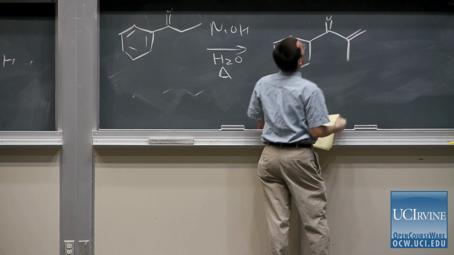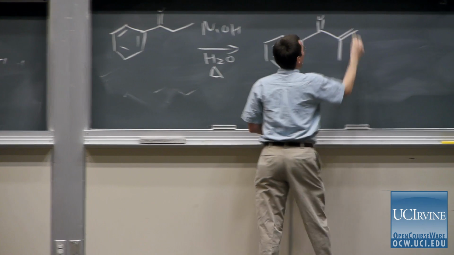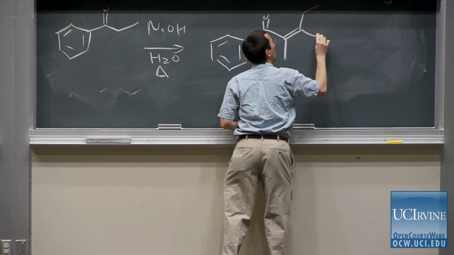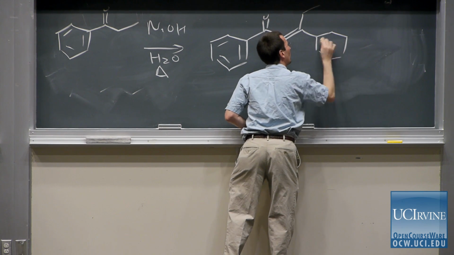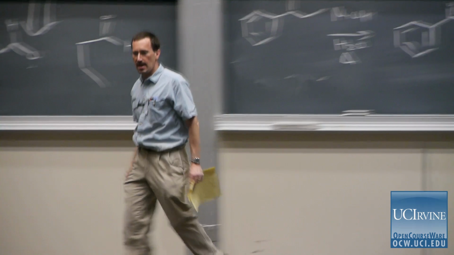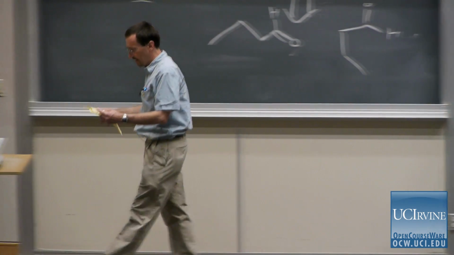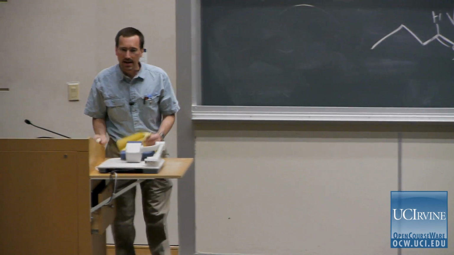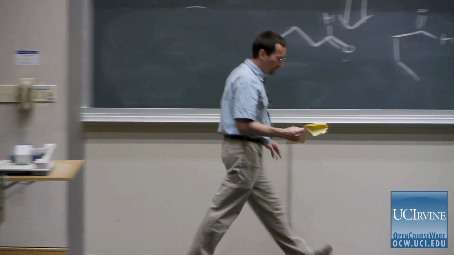And it's this art of thinking backwards that is just so incredibly valuable and so incredibly powerful, to be able to look at a complex molecule like that and see how it comes together.